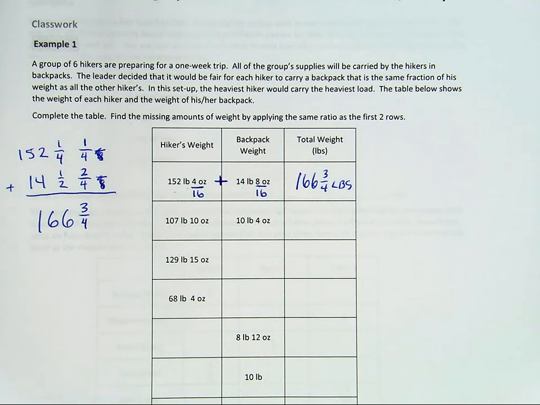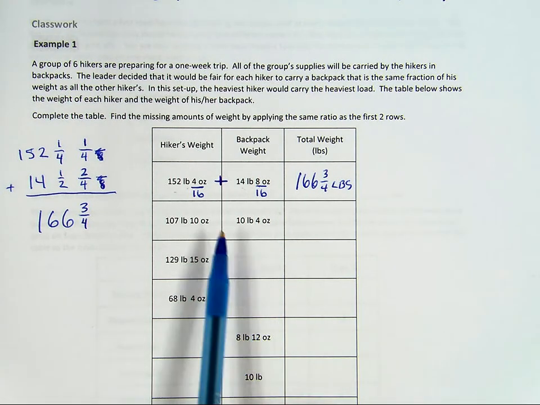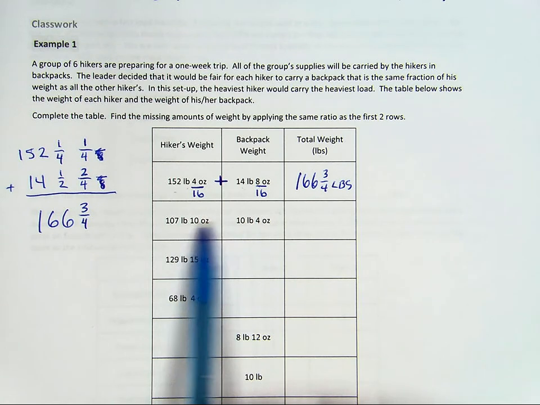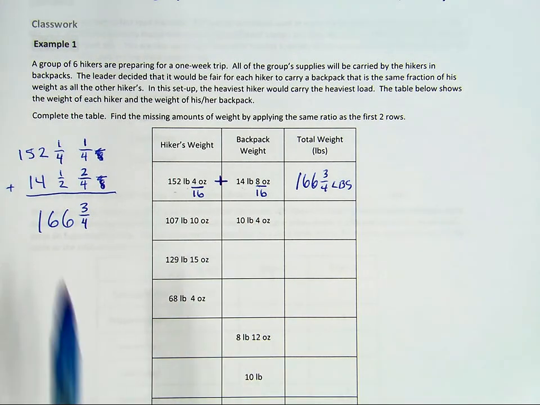So at this time, I would like you and your group to see if you can find the total weight without my help. I'm going to keep the camera rolling, so there's going to be a lot of noise right now. Go ahead.